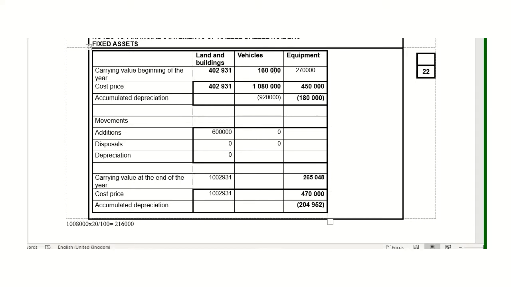So I can only reduce the 160,000 by 160,000 minus R1, which gives me 159,999 Rand. So my depreciation cannot be 216,000, it can only be 159,999. In part 2, we'll continue.